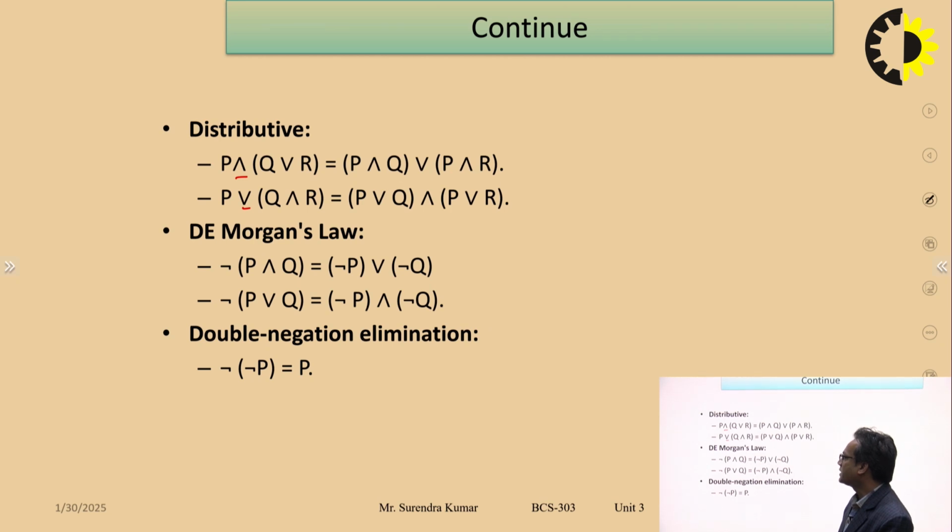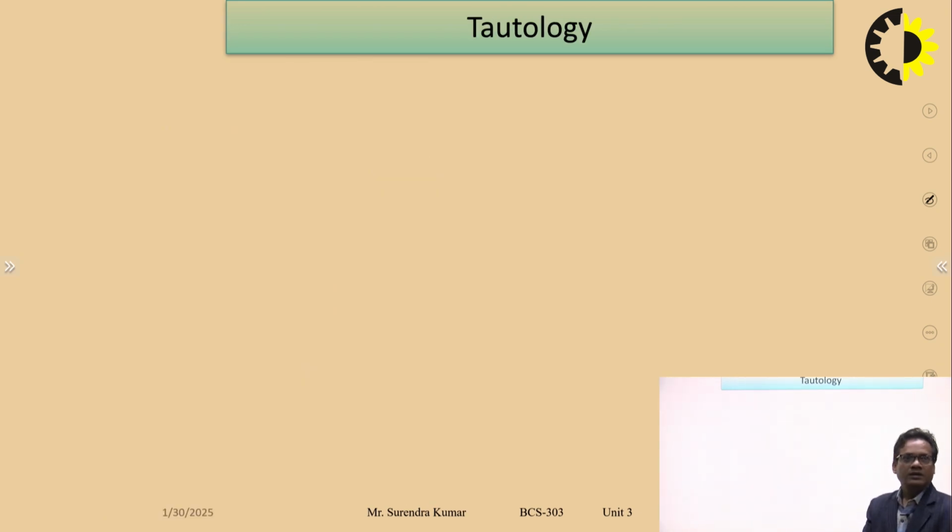De Morgan's law basically applies as a complement law. It converts your negation, and the operator changes: AND to OR and OR to AND. Double negation eliminates the operator, so negation of negation P is equivalent to P, right.